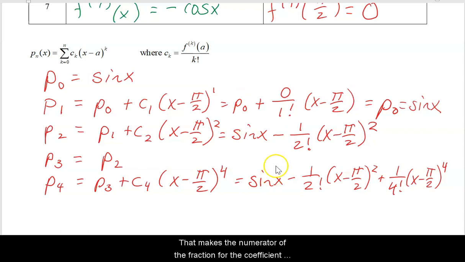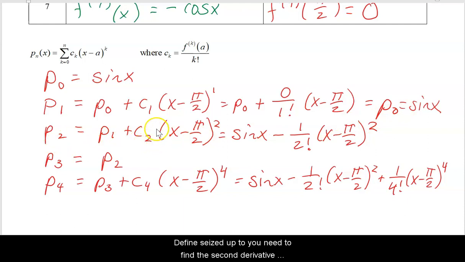That makes the numerator of the fraction for the coefficient 0, though it's divided by 1 factorial and multiplied by x minus pi over 2 to the first power. This means that this term zeroes out and it becomes exactly what P sub 0 was, which is just the sine x original function. For P2 then, we will take P1 and add the next term, the quadratic term.